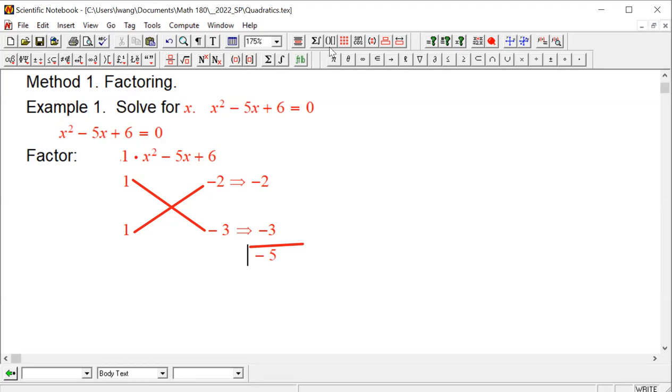Now that we found these matches, it's time to make up the factors. Let me line them up nicely. This is -3.